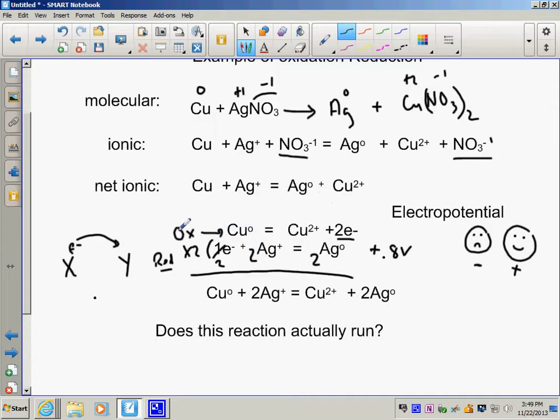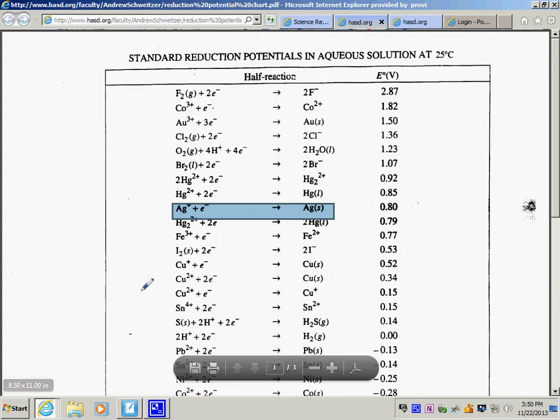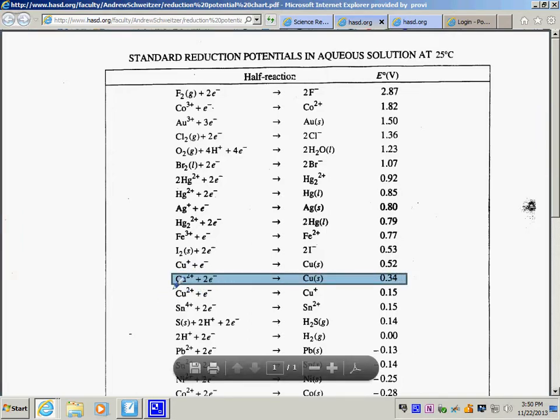All right, let's find this. Now, we won't find this exact one on the chart because this is oxidation. We'll find the reverse of it, which is reduction. Okay, go here, grab this guy, and it is right here. Right there. Okay, now this is the reverse of the reaction, which is a positive 0.34 volts.